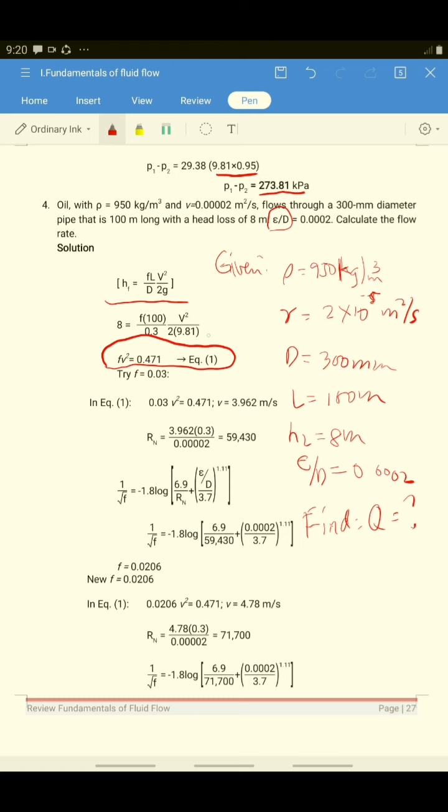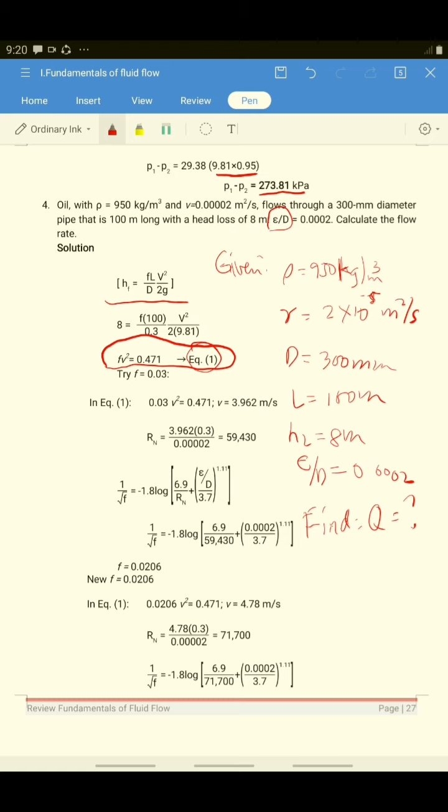This will be our equation 1, fV squared is equal to 0.471. In this problem, you can try any value of f. You can try 0.01, 0.02, or 0.04. It's up to you, as long as you can get the right answer. So for your first trial, you have a different initial trial.